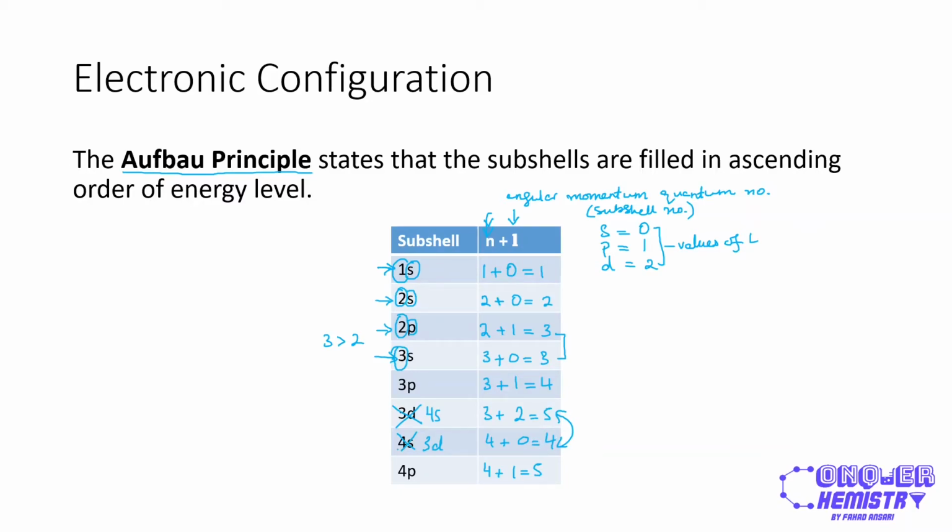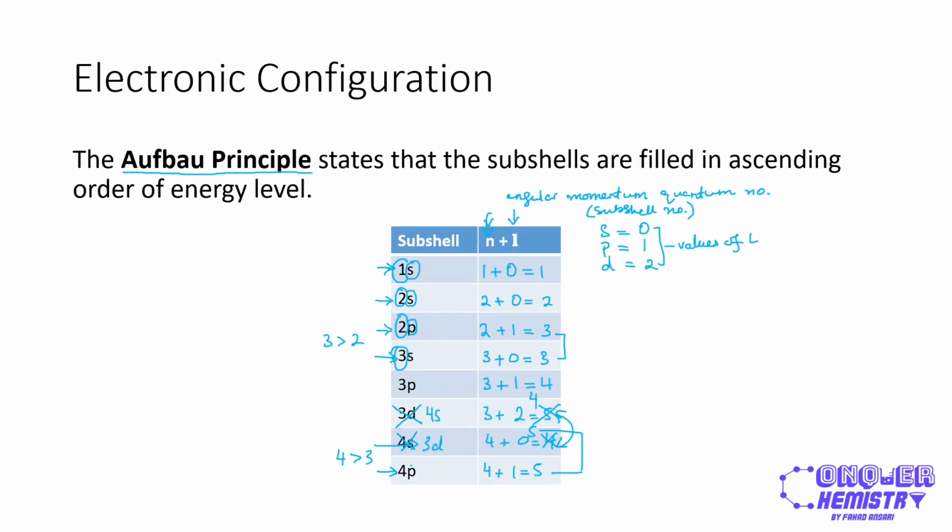So you will see that the sum for 3d is 5, and this 5 and this 5 are the same, but again, we know that 4 is greater than 3, the principal quantum number is greater, so 4p has the higher energy level.